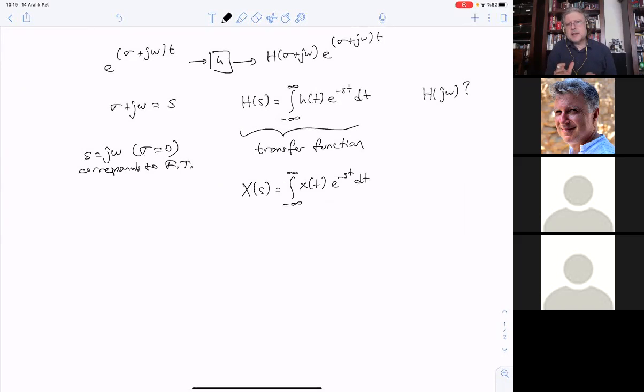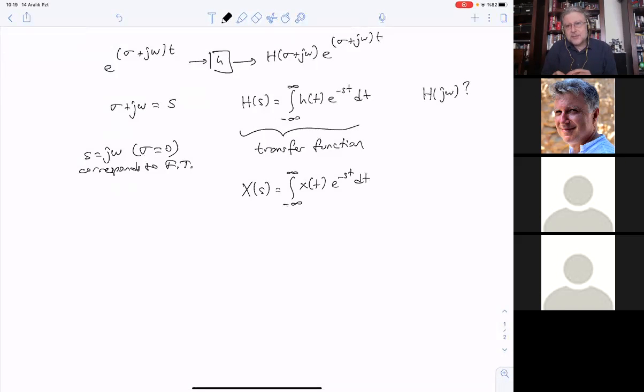So many of the results that we have obtained for the Fourier transform are also more or less available for the Laplace transform. In fact, more than that is available for the Laplace transform, because now we have one more degree of freedom, which is sigma. We can play around with sigma in places where sometimes Fourier transforms are not possible to obtain.